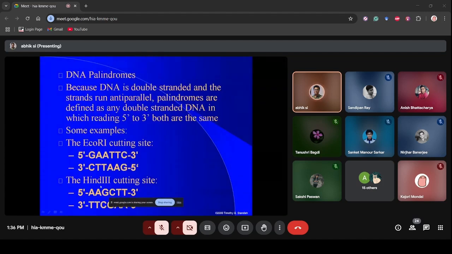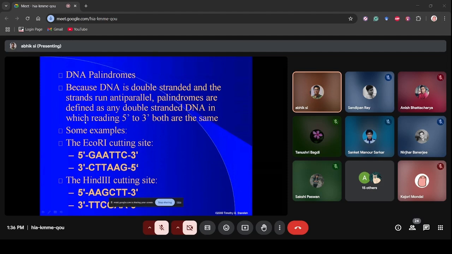So this is HindIII. That means Haemophilus influenzae strain D, and this can produce different types of RE, which according to their discovery are denoted as I, II, III. So this particular one, HindIII, can recognize this particular sequence.